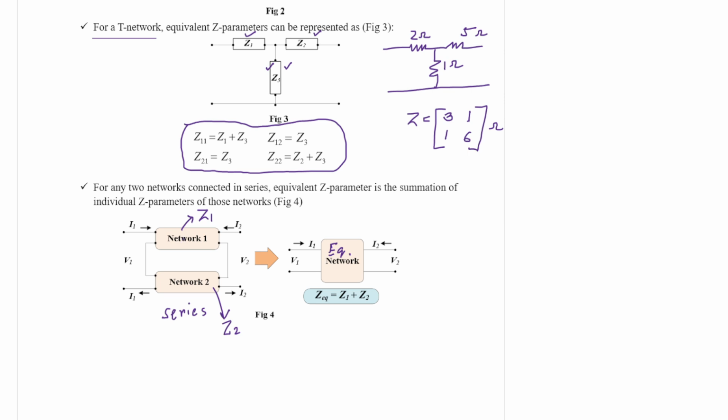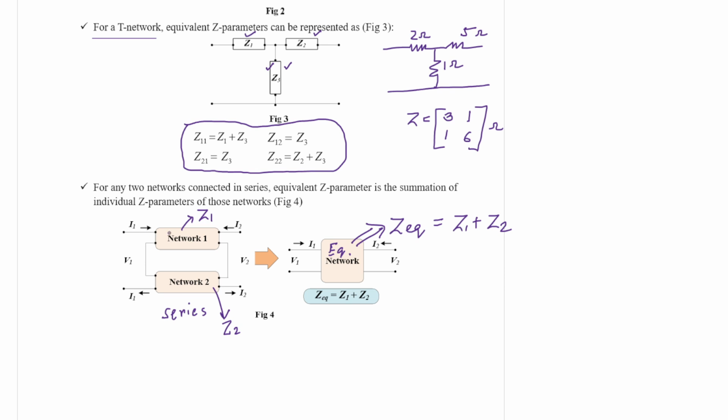Now you have two networks. If you represent these two networks by a single equivalent network, the Z parameter of this equivalent network will be equal to Z1 plus Z2. What is Z1?